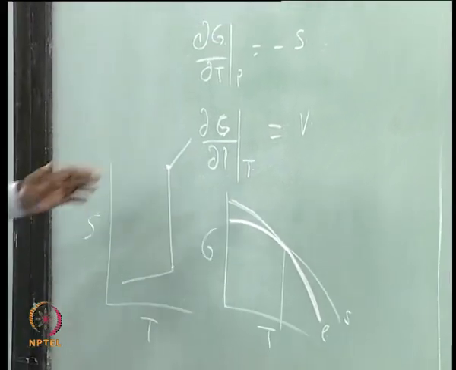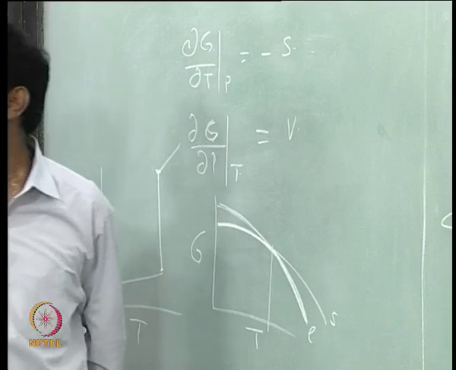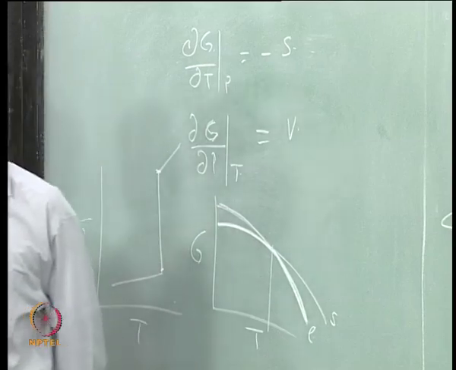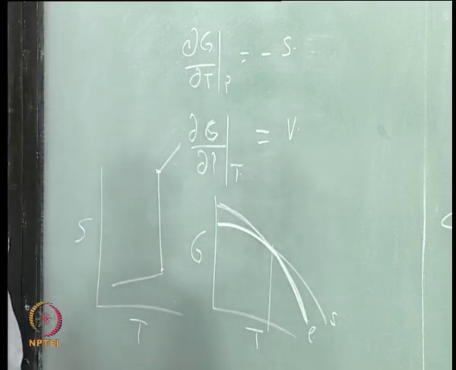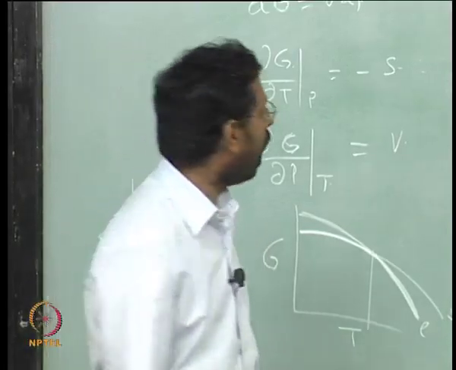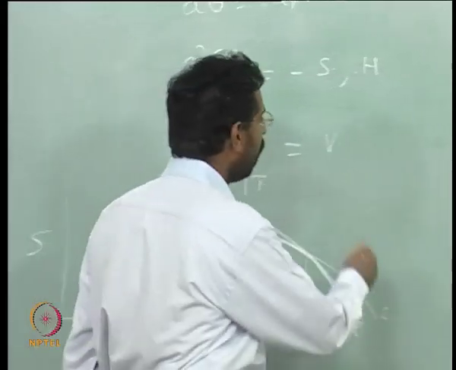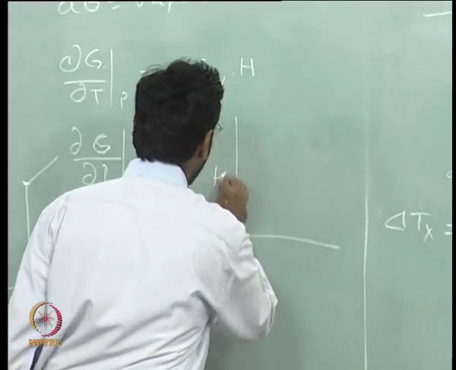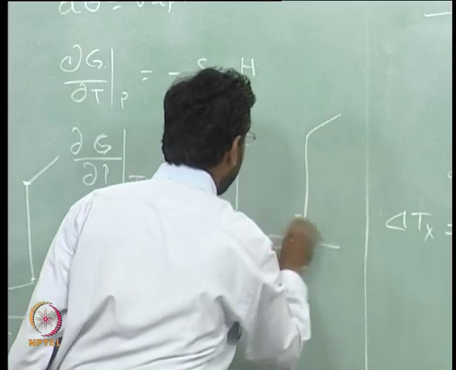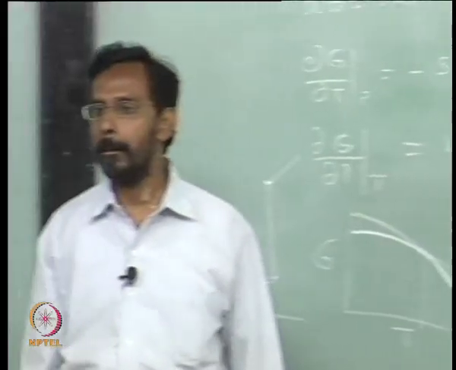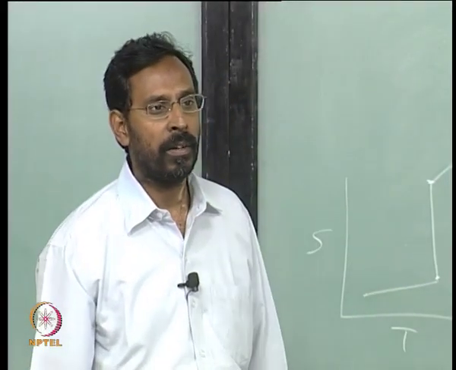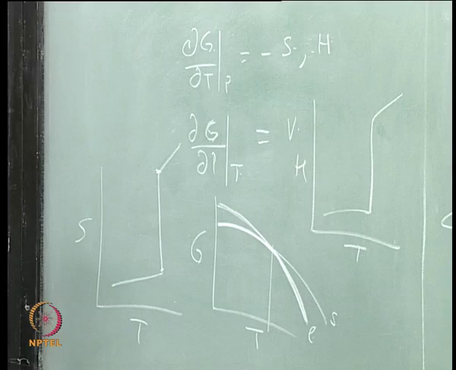And because S is discontinuous, and S is related to H by H over T, H also becomes discontinuous. That is the reason why if I plot H versus T, I will again see this same discontinuity. So because entropy is discontinuous, automatically enthalpy becomes discontinuous.